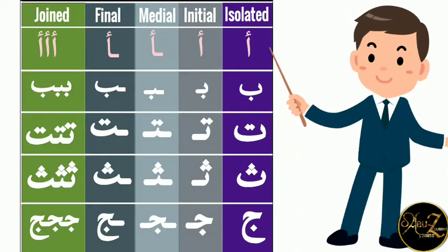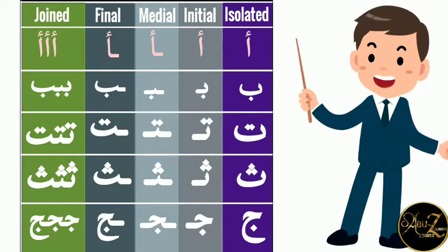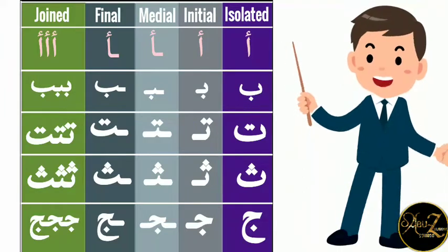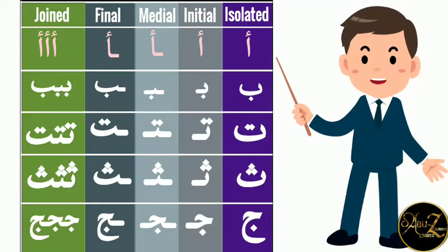Now, mashallah, as we can see, the chart here indicates how the letters change in form, either at the beginning of the word, which is our initial state, or in the middle of the word, which is known as our medial, or in the final state of a word, that is the end of a word.